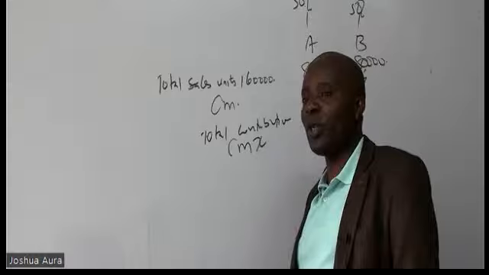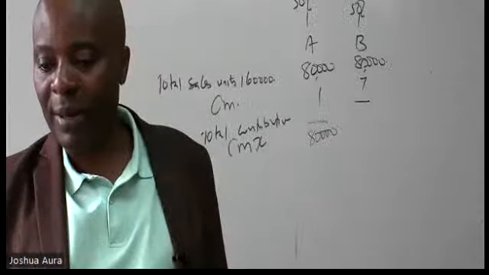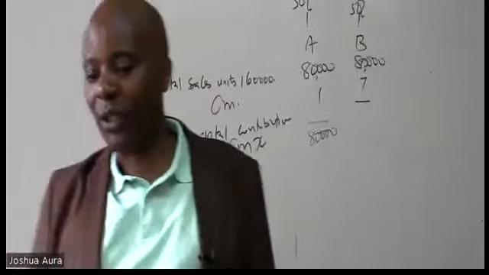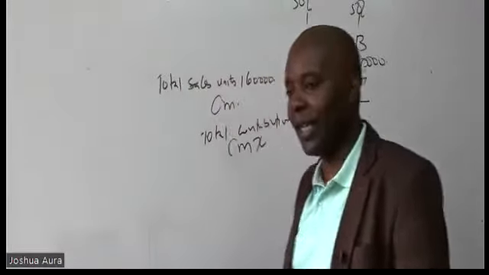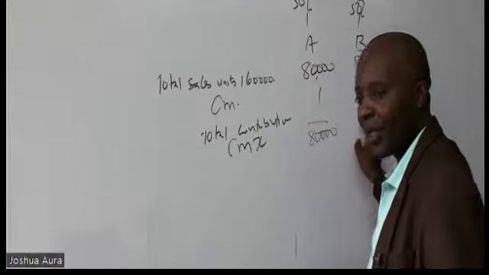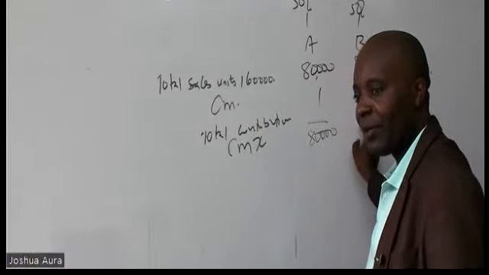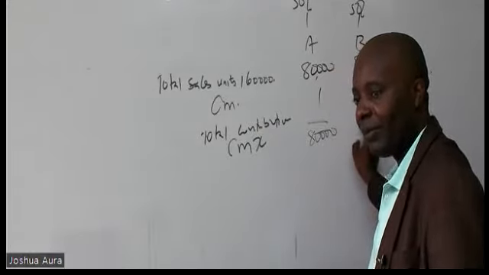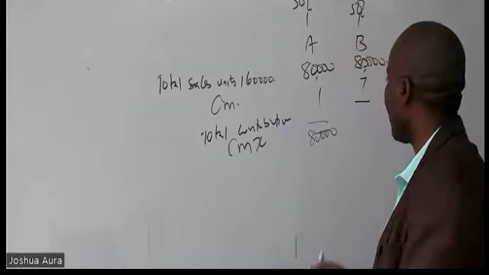So 80,000 times 7 gives me what figure? 560,000. Great.